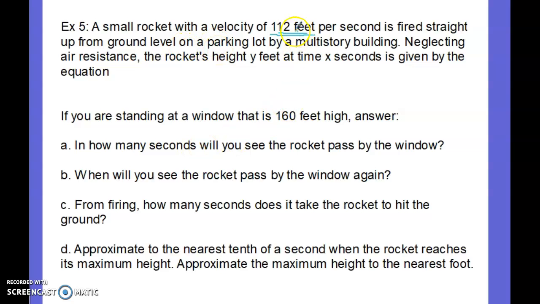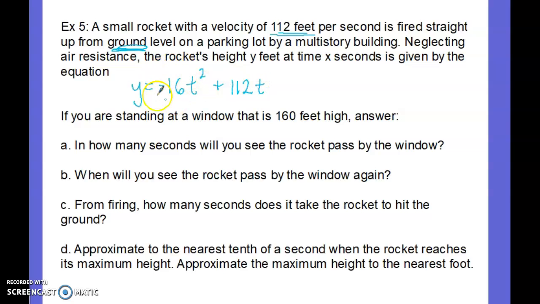Well, first of all, I need to give you the equation. When we launch rockets from the ground, it's basically setting up the equation like this: y equals negative 16t squared plus 112t.